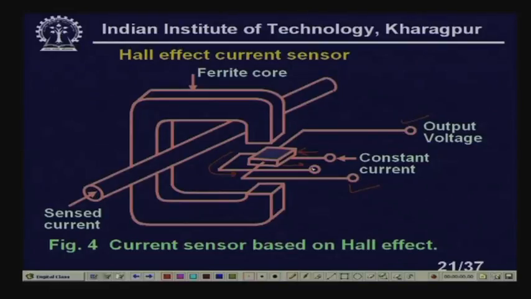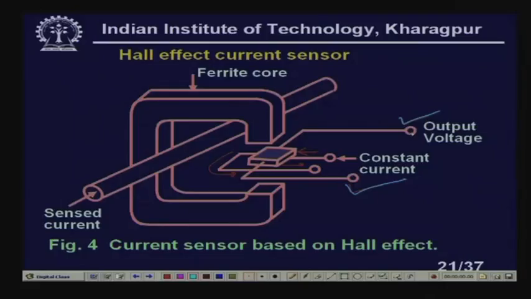Okay, let me take another color. I think this is not very clear. With this color I am measuring the voltage, right. Now what will happen, you see that since it is a ferrite core, the amount of magnetic field also will depend on the current which is passing through this one.